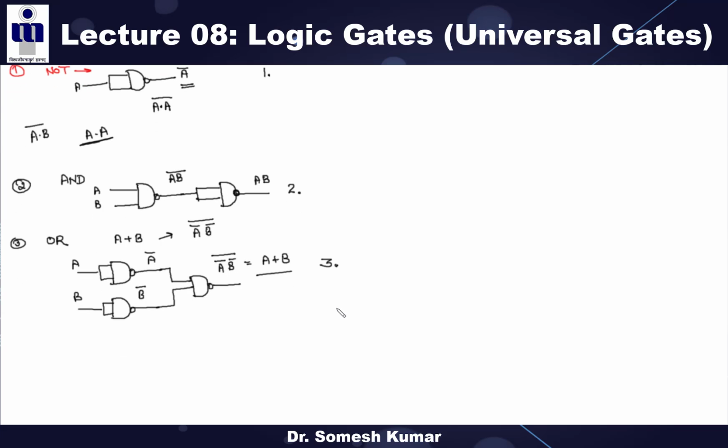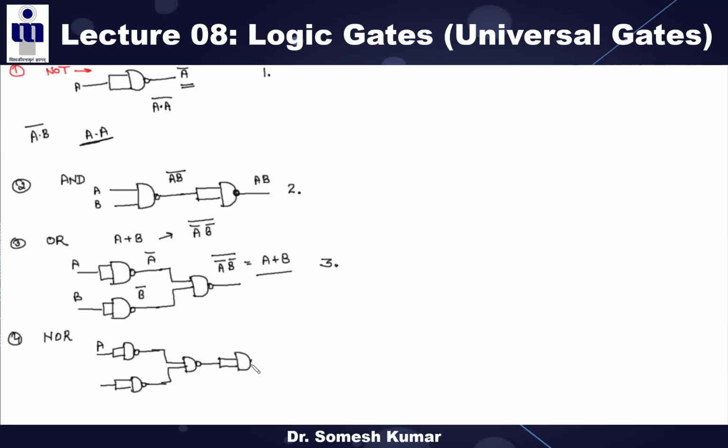So now how can we design the NOR gate using NAND? See, NOR is OR plus NOT. OR we already designed. We can design the NOR gate by adding an extra NAND gate, and that NAND gate acts as your NOT gate.